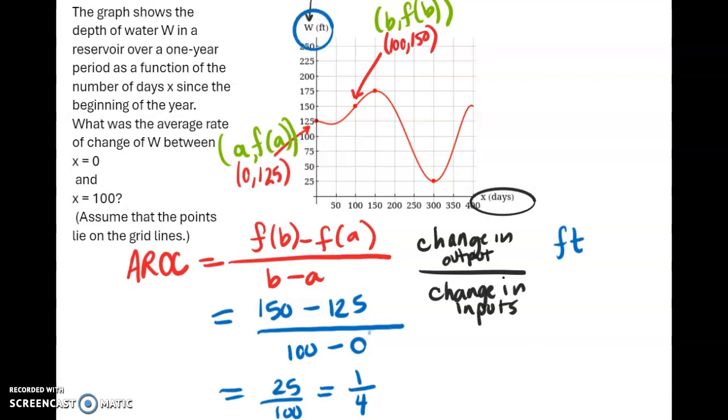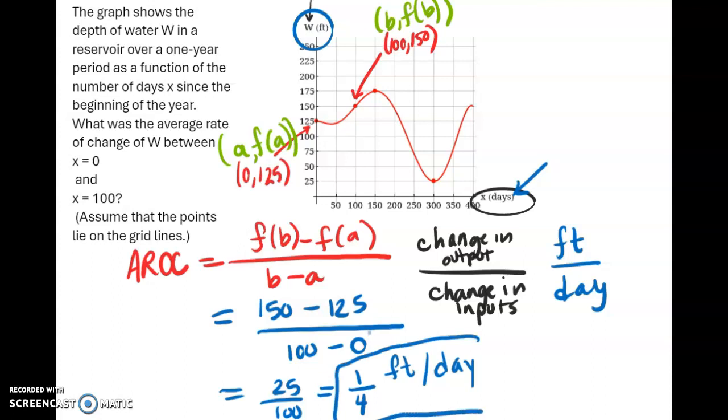The output is in feet, and the input is in days. So this would be a change of 1/4 in feet per day. So 1/4 of a foot per day would be my answer with the units. So that is a demonstration on how to do an average rate of change problem.